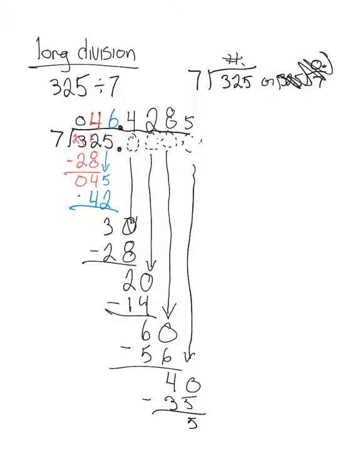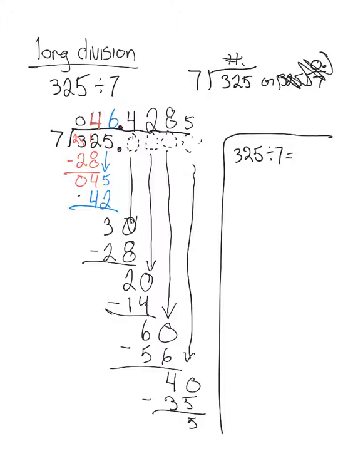So our final answer will be 325 divided by 7 equals 46, with a remainder of 0.428. I'll fix that.